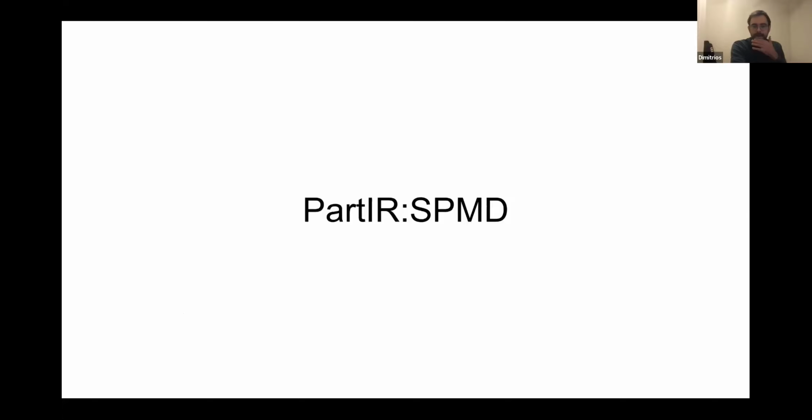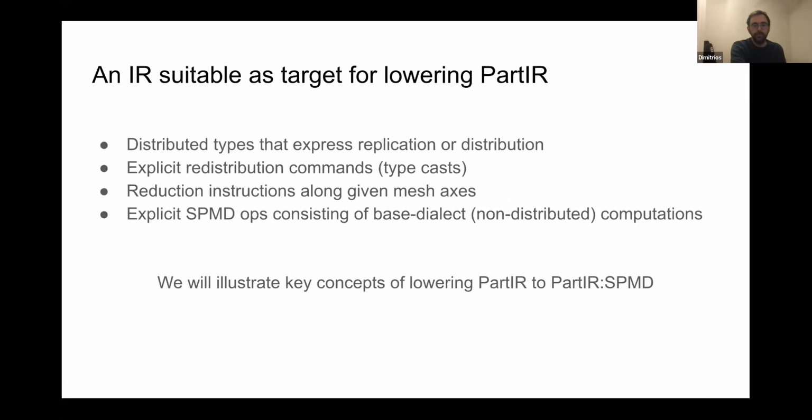I have a few slides to talk to you about how we lower this to SPMD. I'm going to talk a little bit about the SPMD dialect without too many details. PartIR SPMD is an IR that's suitable as a target for lowering PartIR.